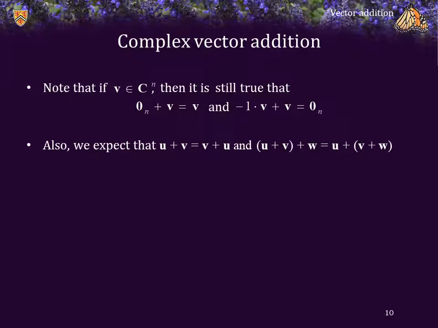We also expect that for complex vector addition, u plus v is equal to v plus u. That is, it should still be commutative, and we do expect it also to be associative. That is, it doesn't matter which order you add three vectors in.